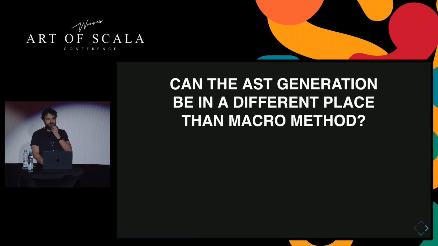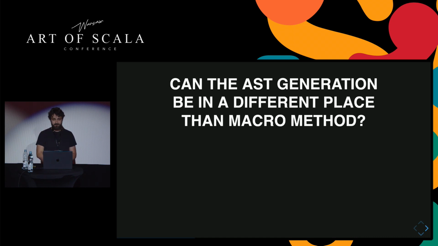You can also ask the question, okay, do I always have to put all those two methods in the same place? And happily, the answer is no, because that would be quite pointless if you always have to define those two methods, like the macro method and the macro implementation, in the same place. That would kind of pollute your API, so it wouldn't look quite good.